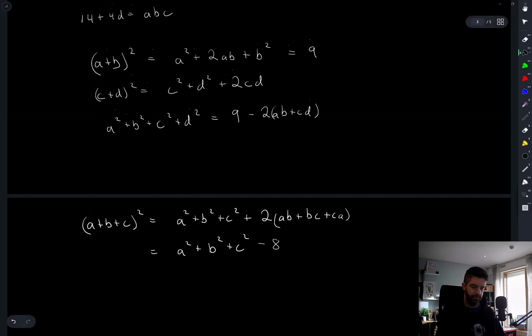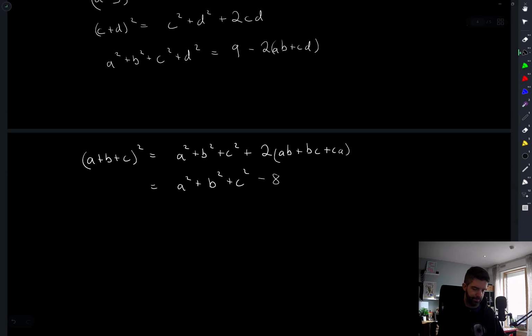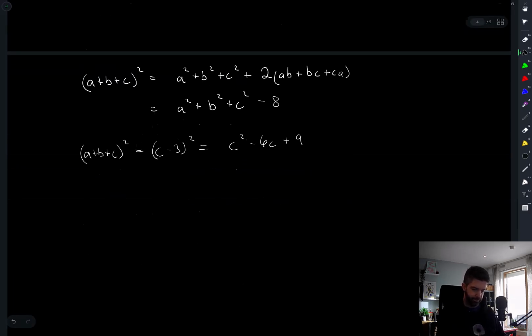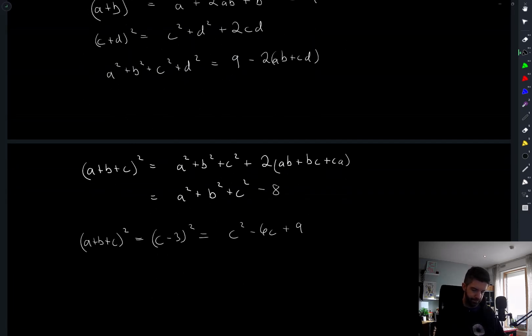But I don't know. I just don't see what manipulations we can do to these equations to end up with the sum of squares.